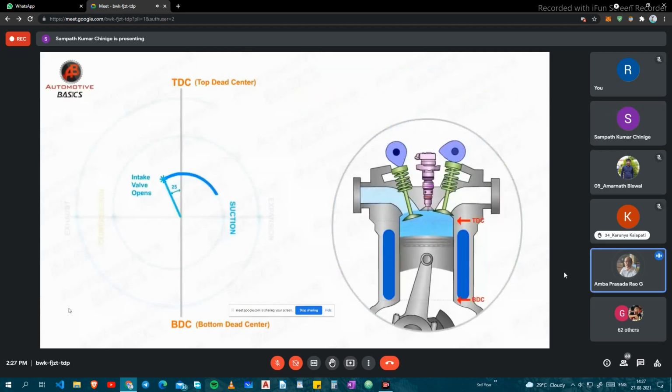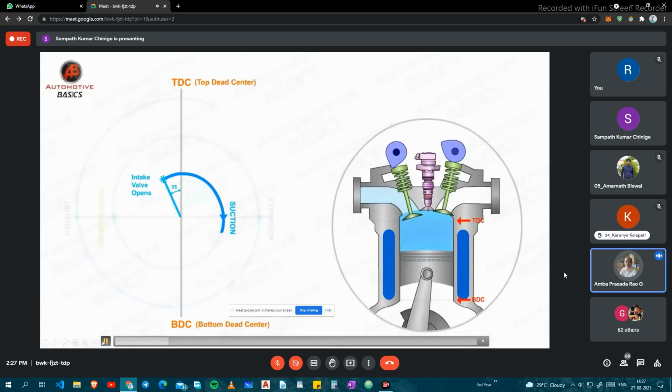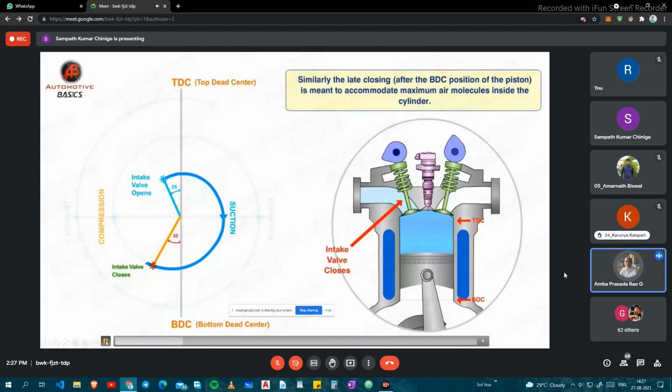Yes, it's playing, sir. So whatever charge is going to come will start entering. It will enter, and we are giving more time because we want to bring in as much as possible. That is one reason why the valve is still open, even crossing the bottom center.